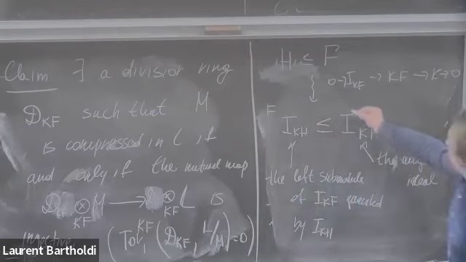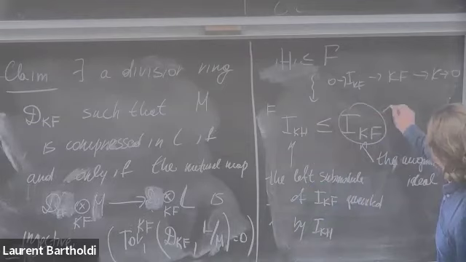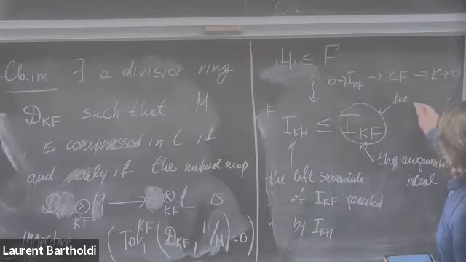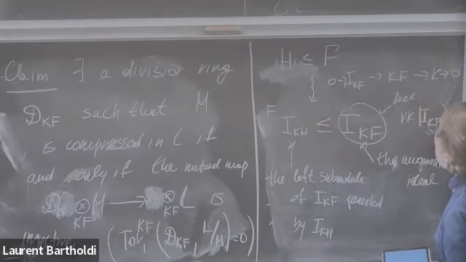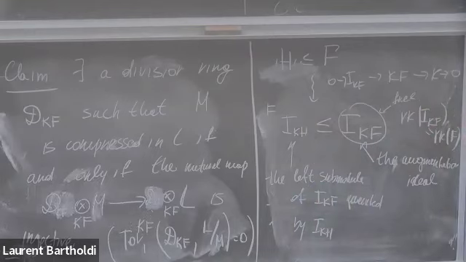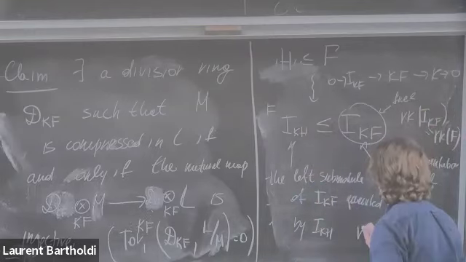This one is free, and its rank as a free KF model is the same as the rank of F as a group. And this one is also free, with its own rank.